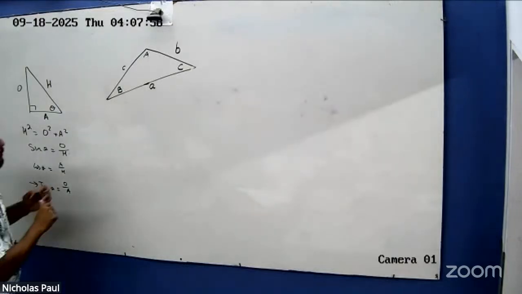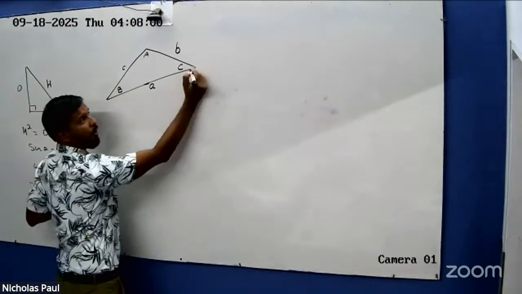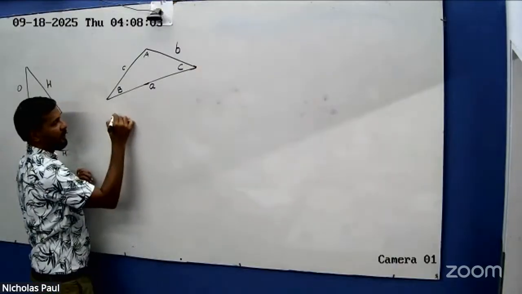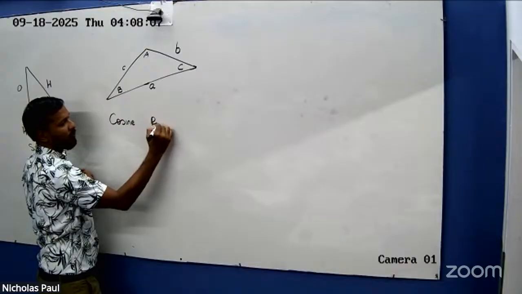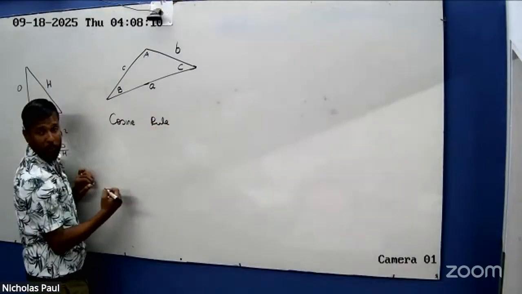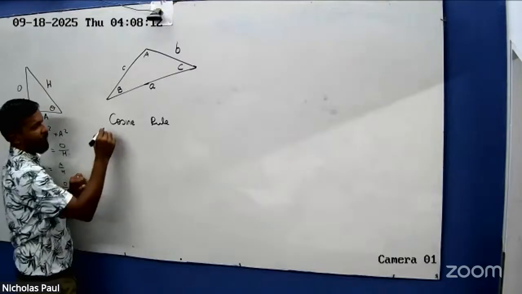Now, there are two non-right angle rules that we need to learn. The first that we're going to learn is the cosine rule. How do we use the cosine rule?